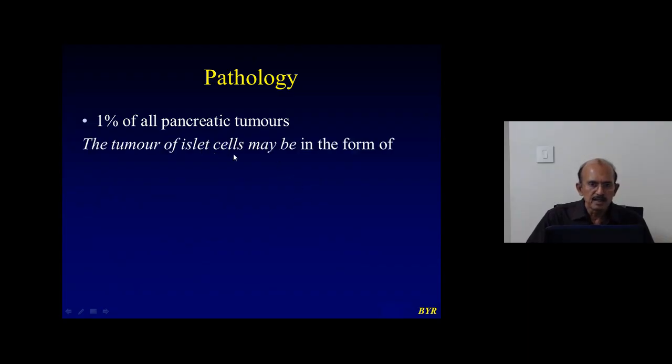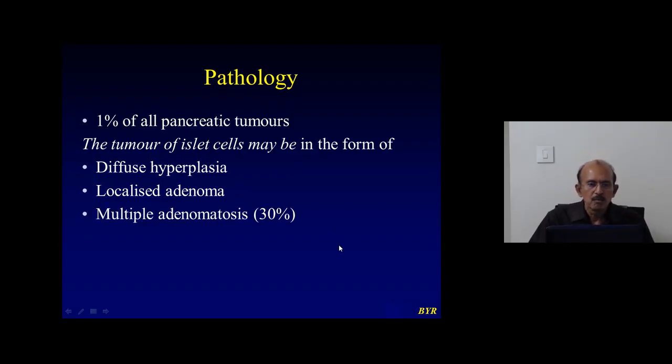The tumor of islet cells may be in the form of diffuse hyperplasia, localized adenoma, multiple adenomatosis, and carcinoma. Carcinoma is only in 30% of the cases, 70% of the cases are benign tumors.